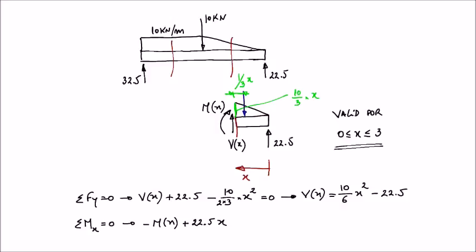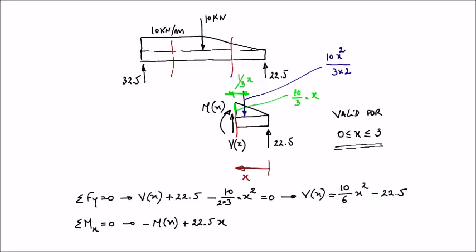And then we can now say, of course, this equivalent load is the area of the triangle, and as we said before, that area is 10x over 3 is the height. We need to multiply this by the width, which is x, so this becomes x squared, and we need to divide by 2. This is the equivalent load.